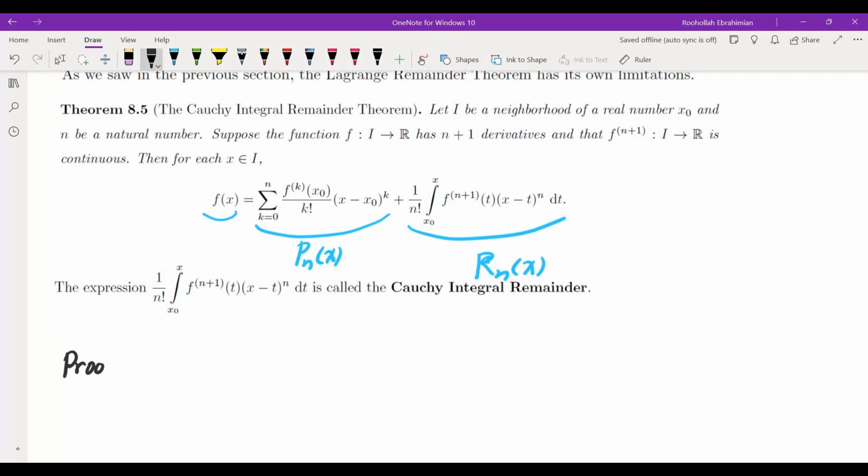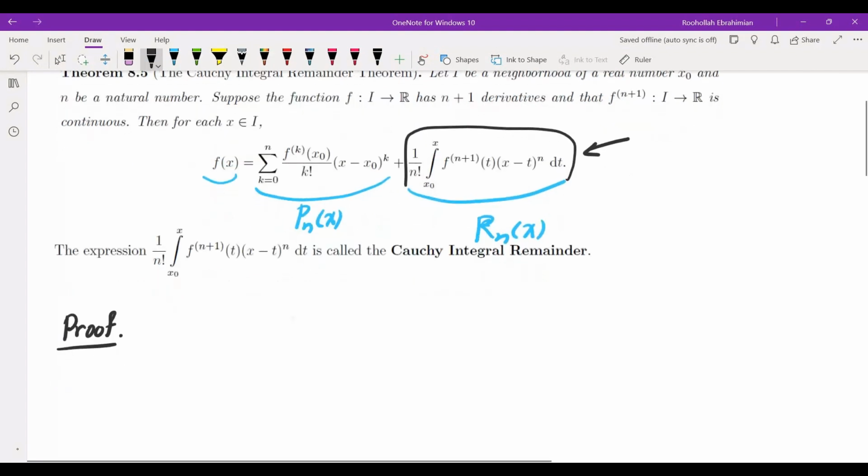So we will go ahead and prove this. What we need to show is that the nth remainder is equal to the n plus first term plus the n plus first remainder. In other words, we take this remainder, extract the n plus first term of the Taylor polynomial, and then show that the rest of it is in fact the n plus first remainder.